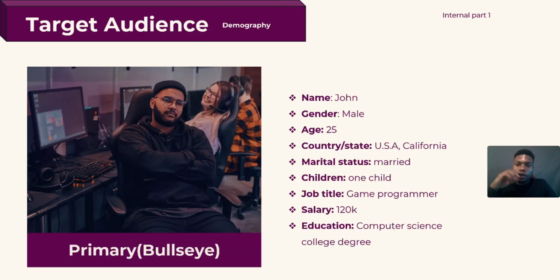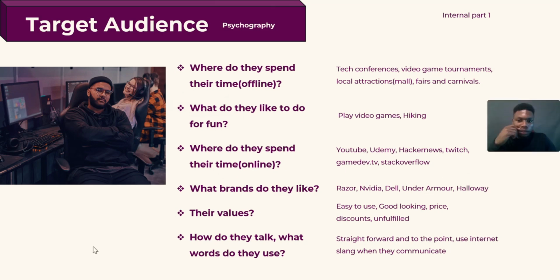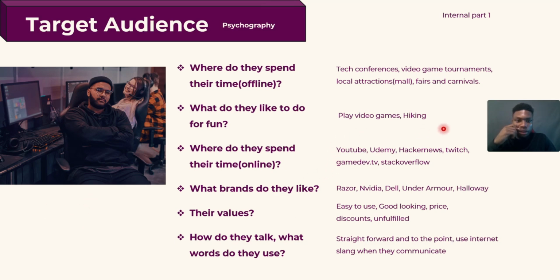And we have here our target audience information, some demography information, psychography, and I'll just look through. Something that's really important here is this part that talks about brands that they like.